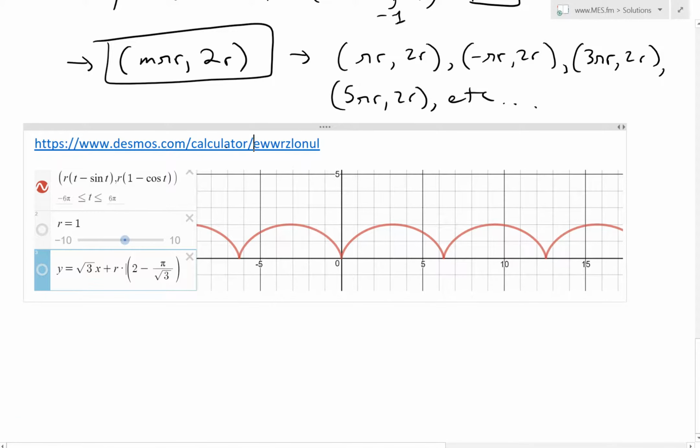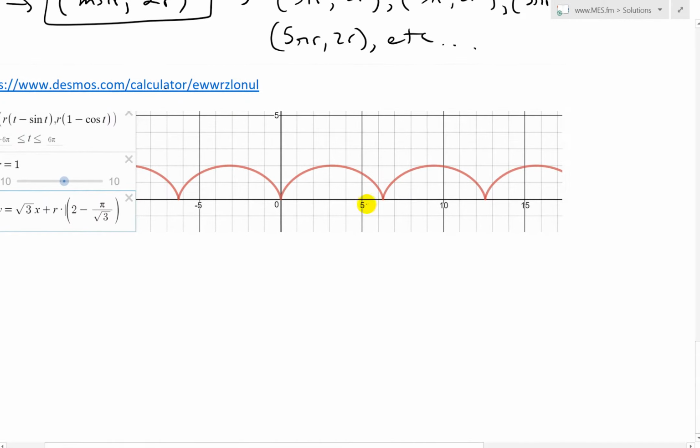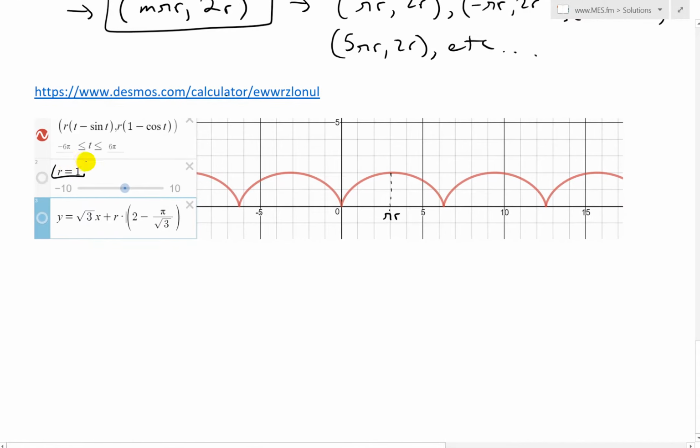At this point, the distance is pi r, but since r is 1, it's just equal to pi. And likewise here, this is 2r, which equals 2 in this case, because r is 1.